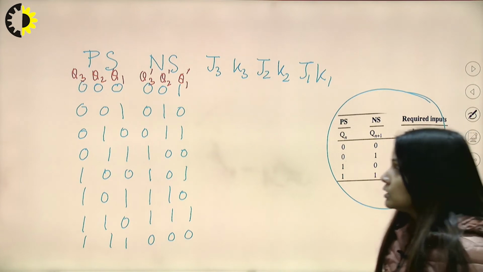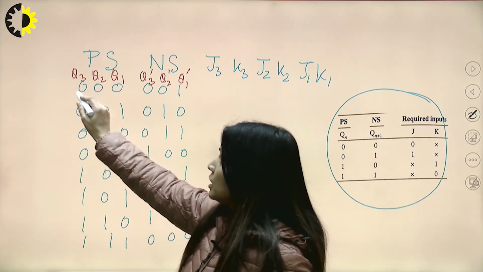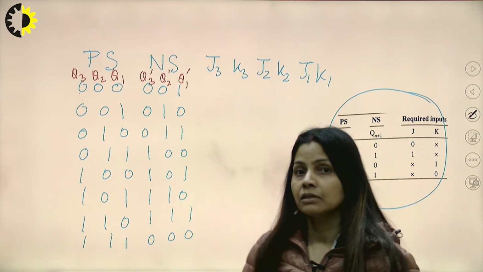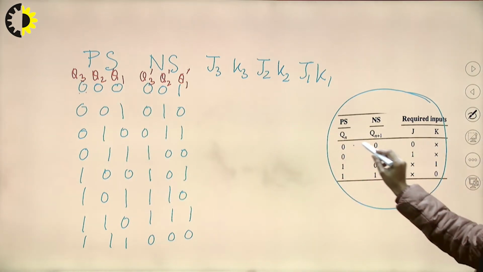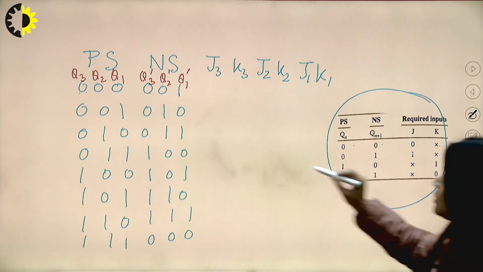Now see this Q3 and Q3 dash. Q3 is 0, and it goes to 0, check from here, that is 0 to 0.